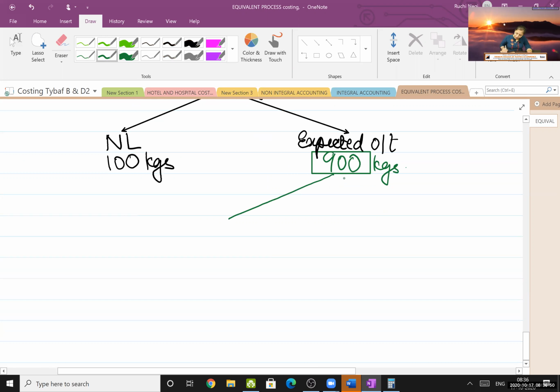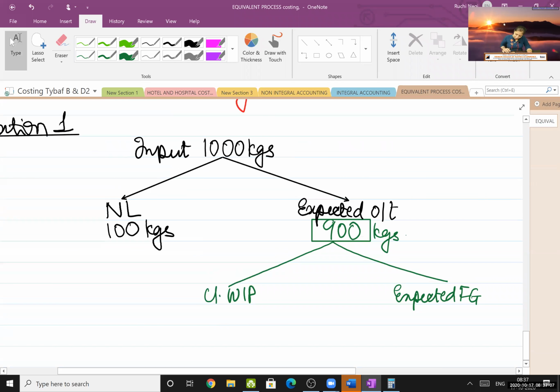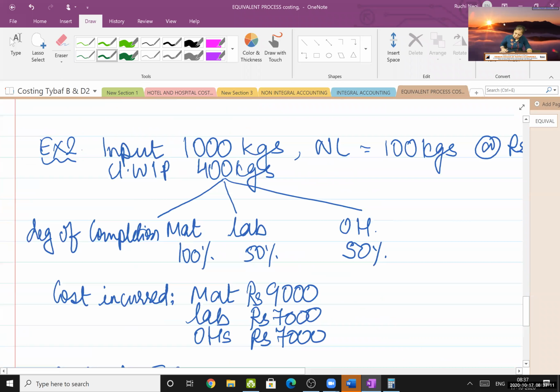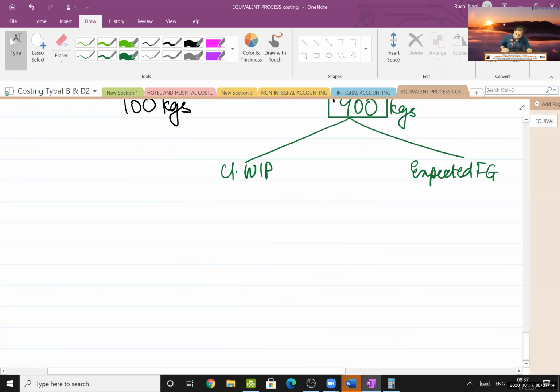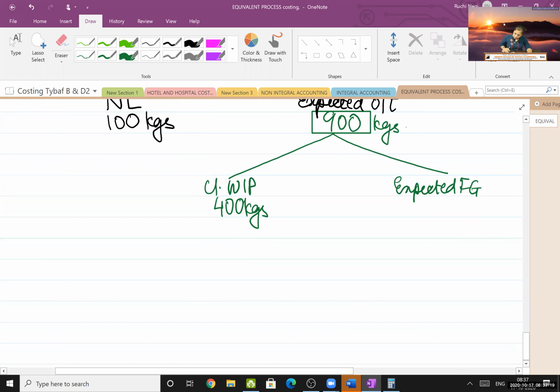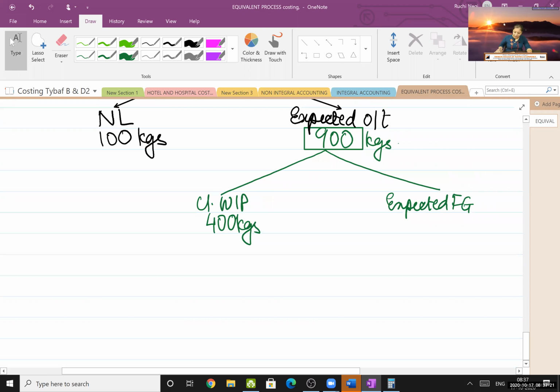Now out of this, it's further divided into closing WIP and expected finished goods. How much closing WIP is given? 400 kgs. Then expected will be how much? The balance.